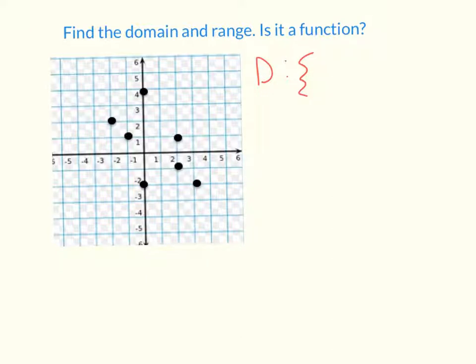Those are my domain. Now to find our range, we're looking at the y's, okay? For my y values, I'm just going to go from the bottom up, okay? Got -2, -1, 1, 2, and 4.